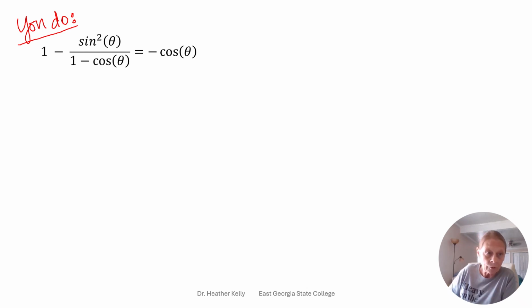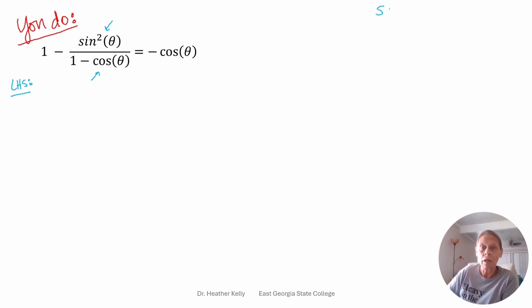But what I noticed is this and this. 1 minus cosine theta is a factor of 1 minus cosine squared theta. And I noticed this sine squared and I was like, ooh, I can use the Pythagorean identity here.